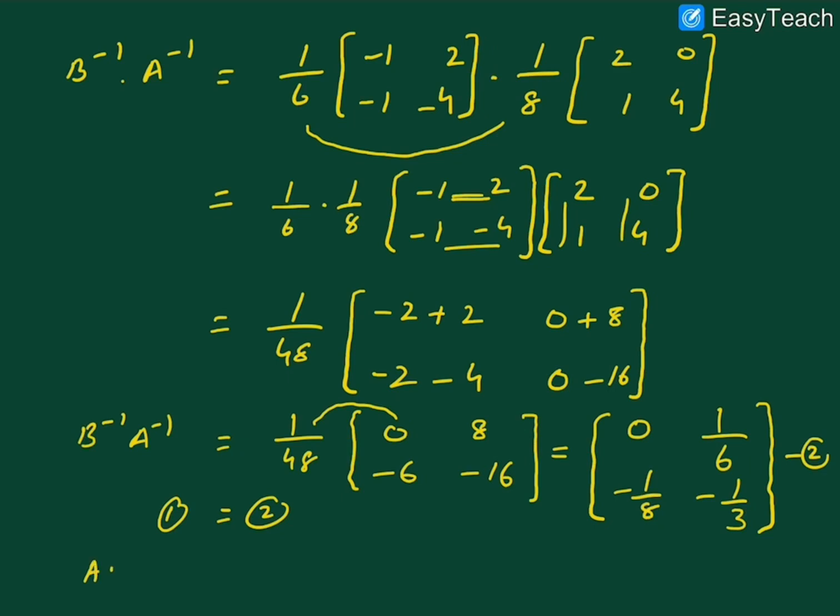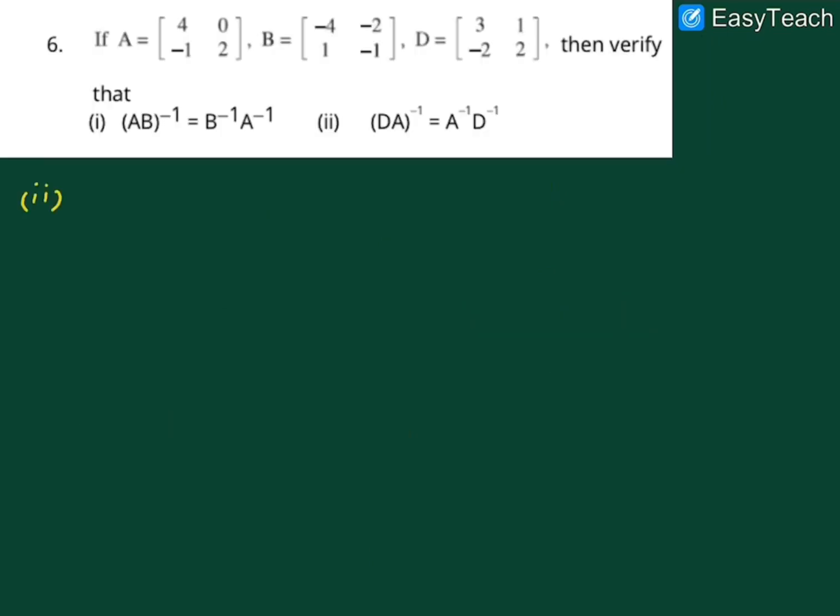So we have verified that AB whole inverse is equal to B inverse into A inverse. So this is the answer of this one. Likewise part 2, take left hand side, this is left hand side, say this is right hand side.